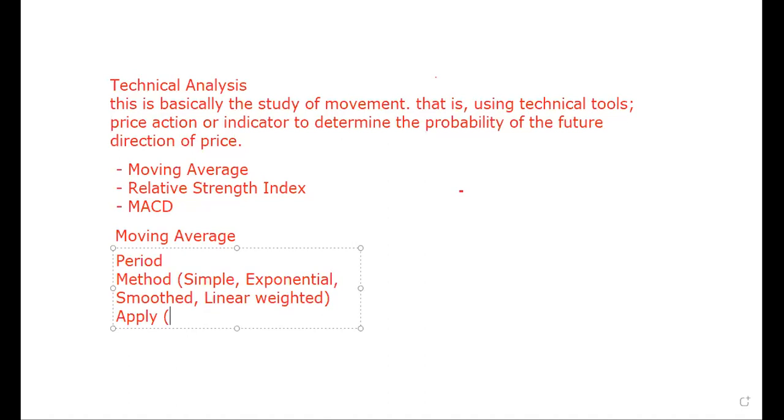Do you want to measure the opening price? Do you want to determine the average closing price? Or maybe the highest price at a particular point, or the lowest? These are basically the most common prices that you want to get the average of. So you need to know all these things before you can set your moving average.